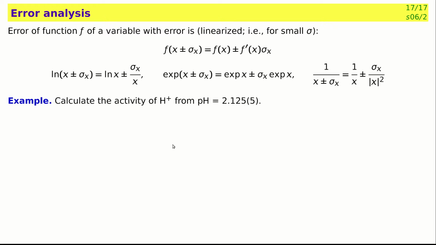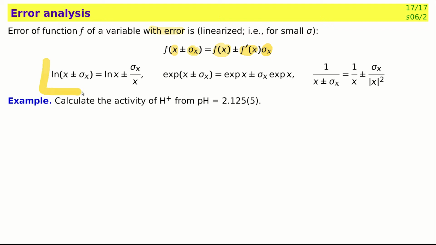Similarly, we can calculate a function of a variable which is with error or uncertainty. We will use a linearized approach, that is, we expand this value using the first term of the Taylor expansion, it's plus minus the derivative times this sigma.